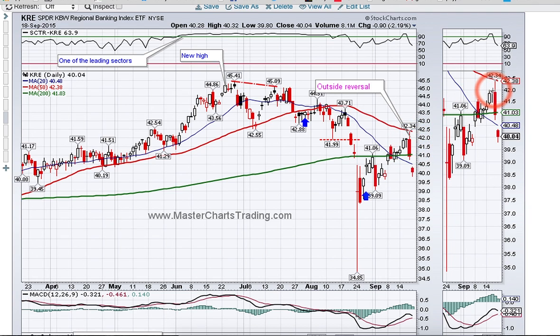The important thing is that it was very large and it encompassed the entire range of the previous day, Wednesday's candlestick. So this is an outside reversal, which was confirmed the next day by a large gap down and a following of price lower.